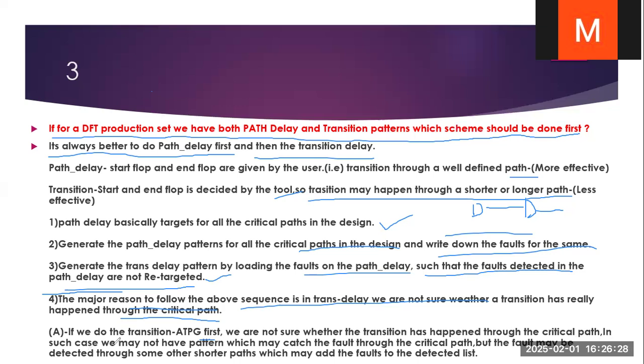In such cases, we may not have a pattern which catches the fault through the critical path, but the fault may be detected through some other shorter path, which may add the fault to the detected list. So it is always better to do the path delay first, then the transition delay.